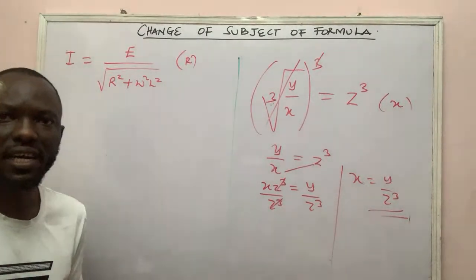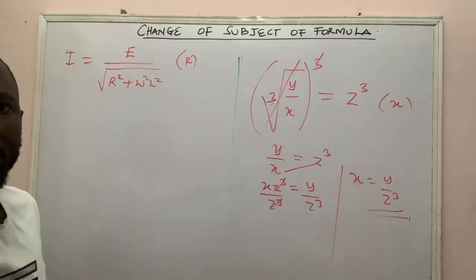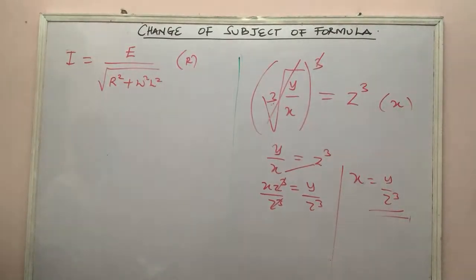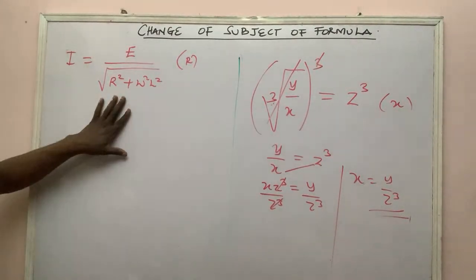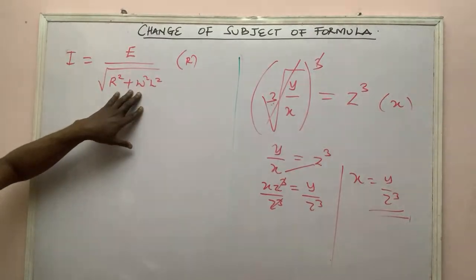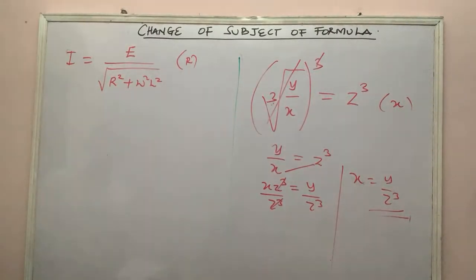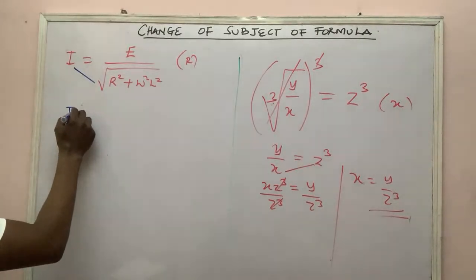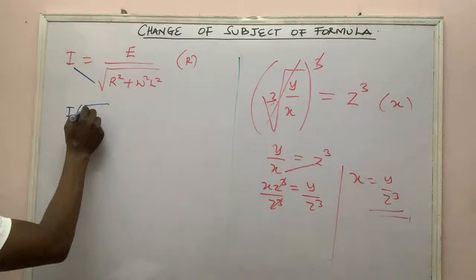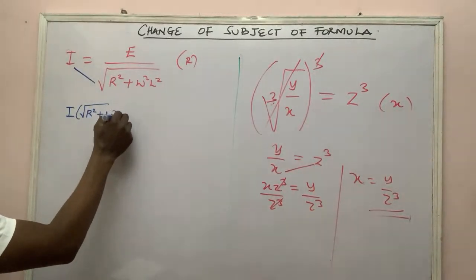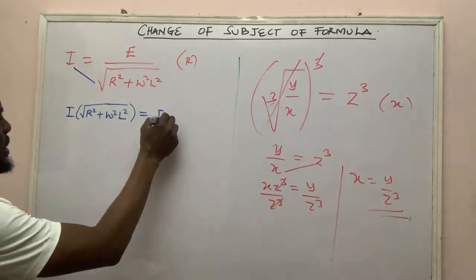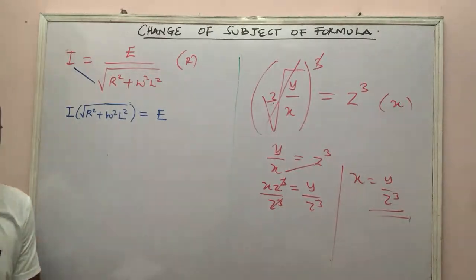Now, if we want to make r the subject, in this case, r is within the root here, so we can cross multiply. If we do that, we're going to get I into bracket root r squared plus w squared L squared equals E. So that's the first thing.